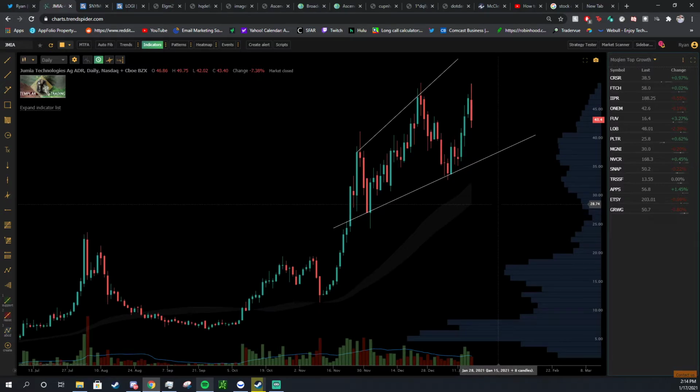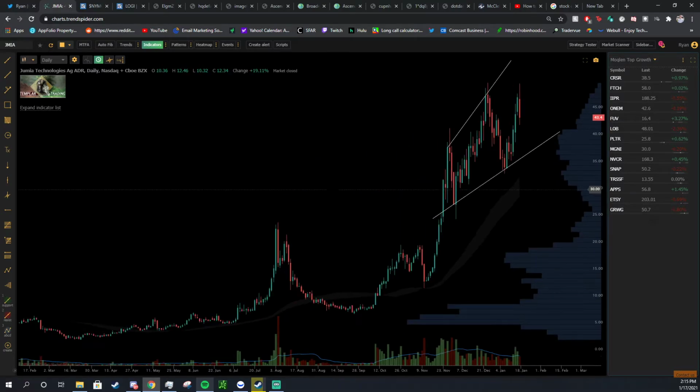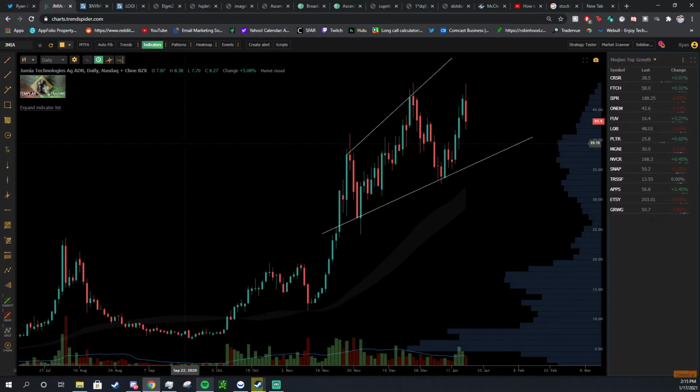I'm not sure how I would play J Maya. I would like to see it come down to the support and see if we could test that again. If we get 3 bounces off support, that's pretty much confirmation for me that that's the new bottom. But good stock. I think they've got a lot of upside.